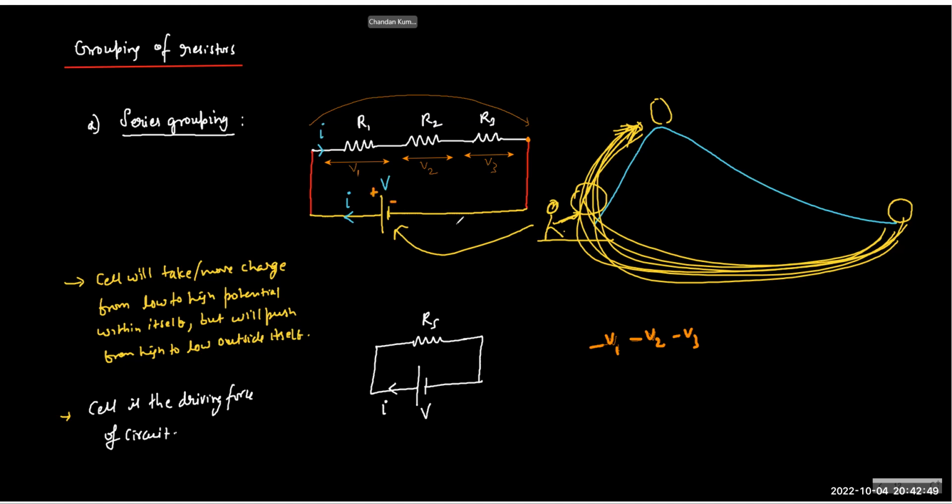Low to high, isn't it? So you will rise by potential V, and then you come back to the same point. So if you begin and end at the same point, the drop and rise must be 0. That is called Kirchhoff's voltage law. But anyway, you can get it by common sense.